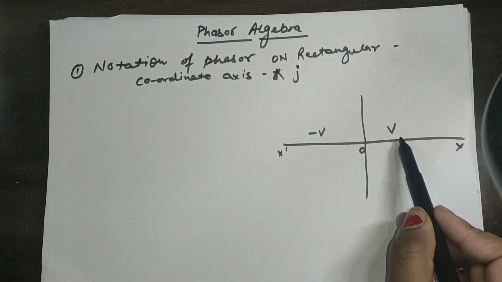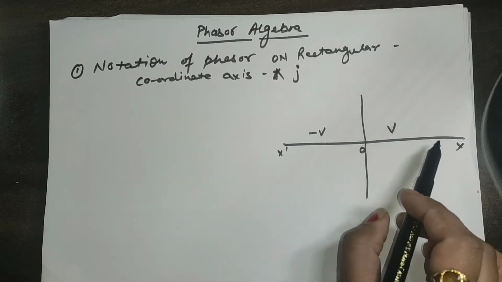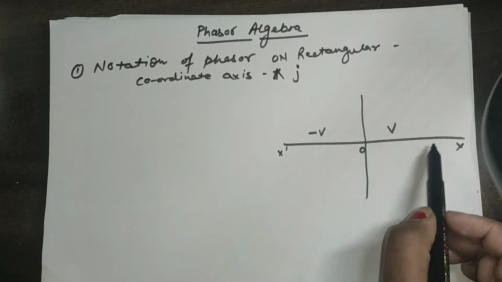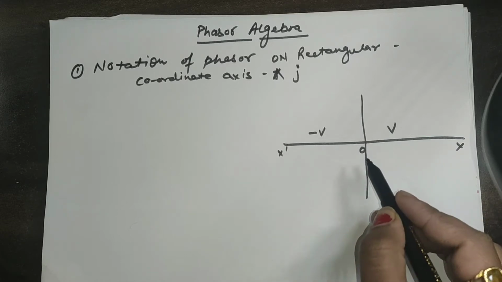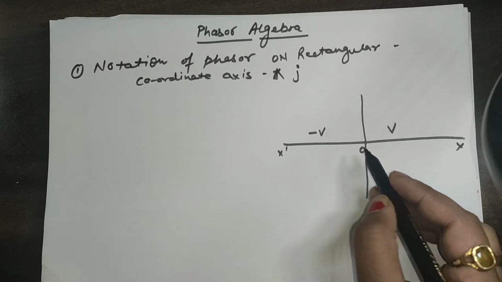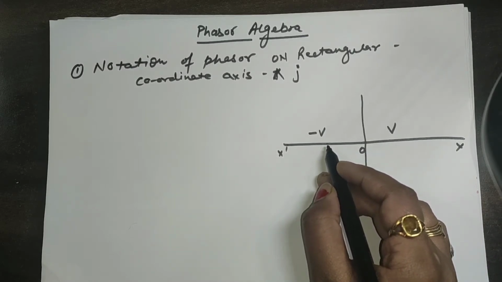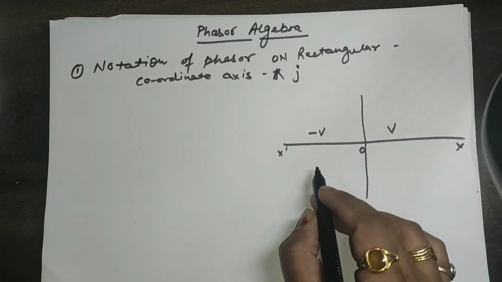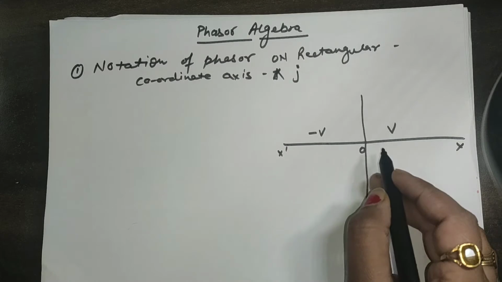So j is a factor which we multiply with V. Multiplying the phasor by j square rotates the phasor by 180 degrees. This means multiplying the phasor by j square is the same as multiplying by -1.